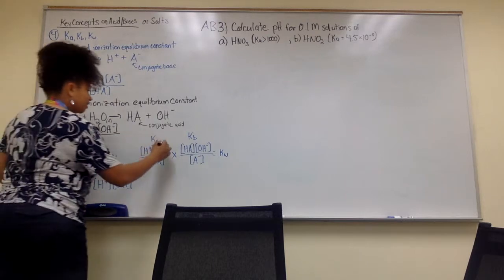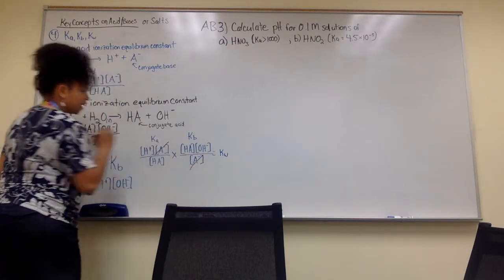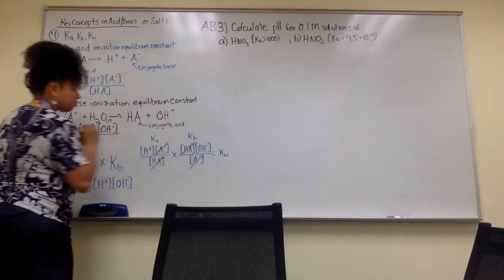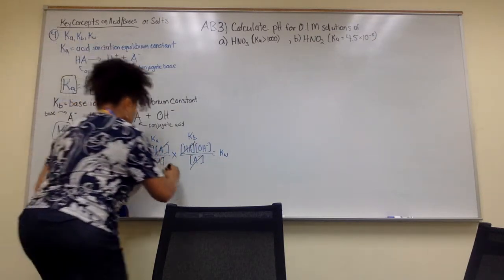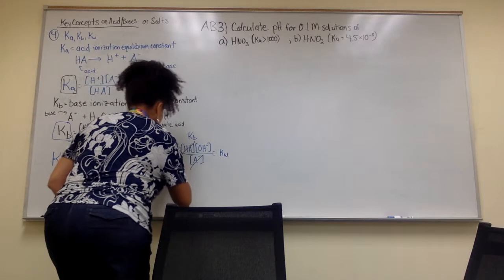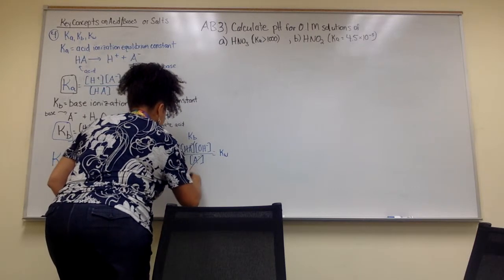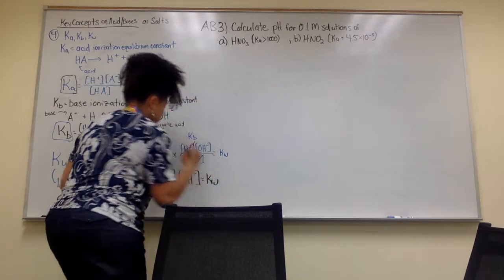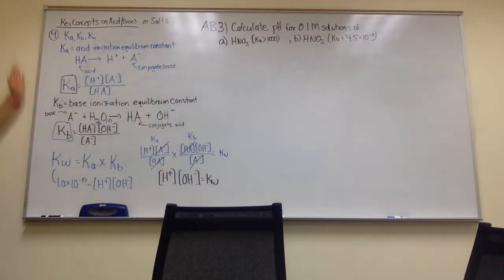We see that the anions go away and the acids go away. And we are then left with H plus times OH minus to be equal to Kw. Okay, so now we have all this, and we're going to go on and calculate problem 3.